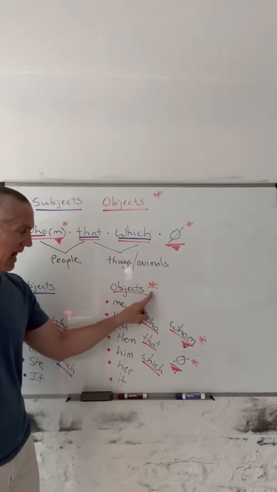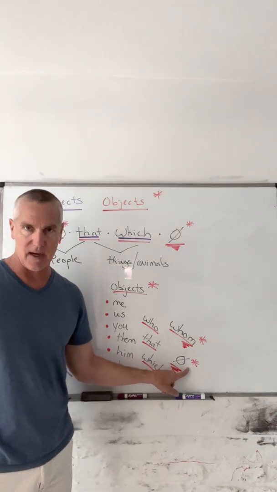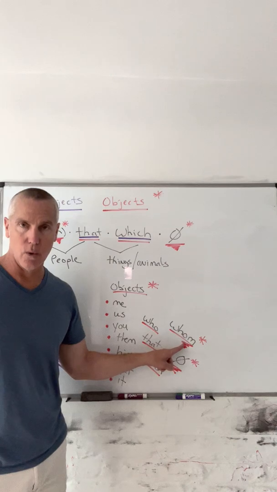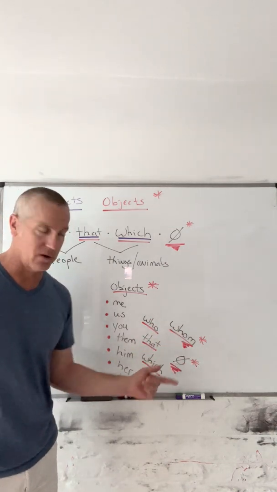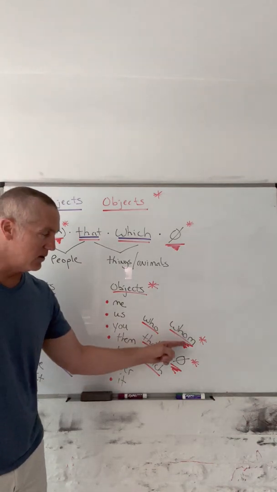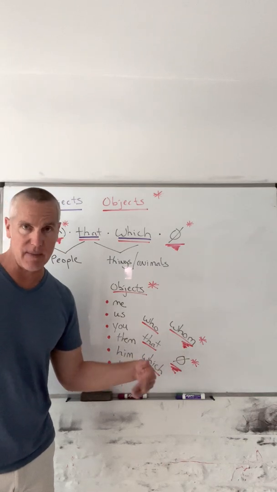But again, with the objects, now we have two other possible combinations. For people, we can use the word whom, which again is basically substituting one of these object pronouns. We can use the word whom for people, or sometimes we just eliminate the pronoun.